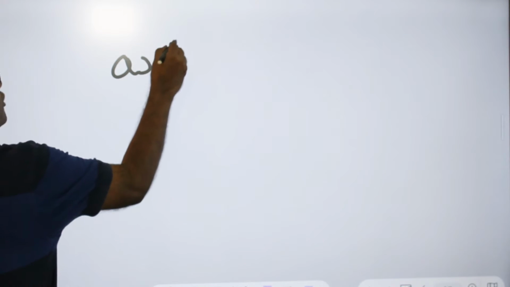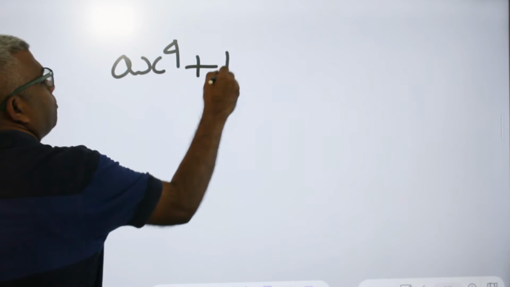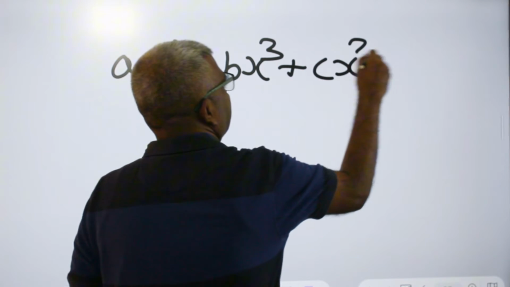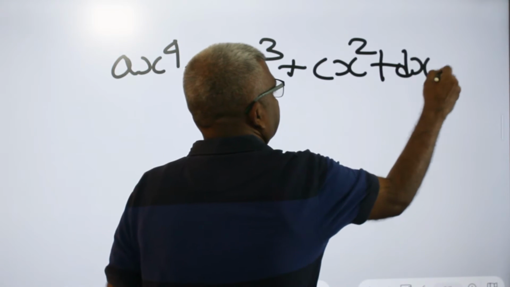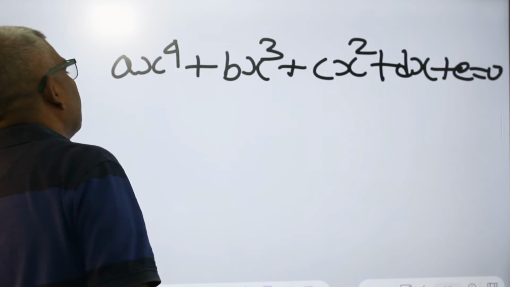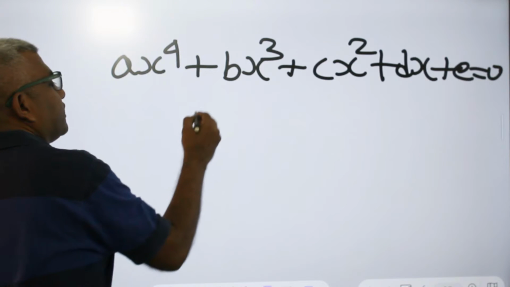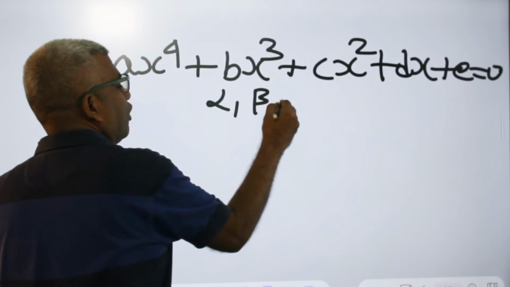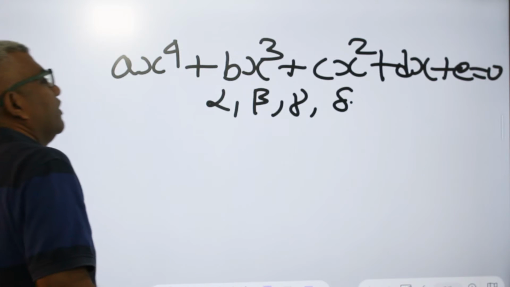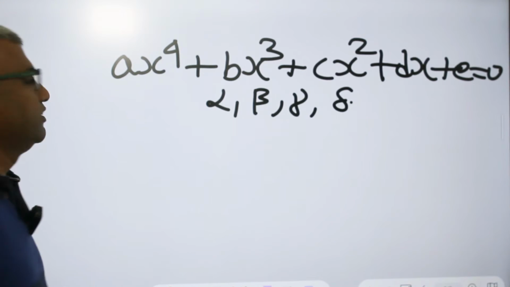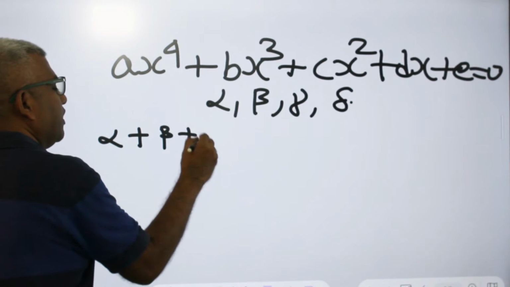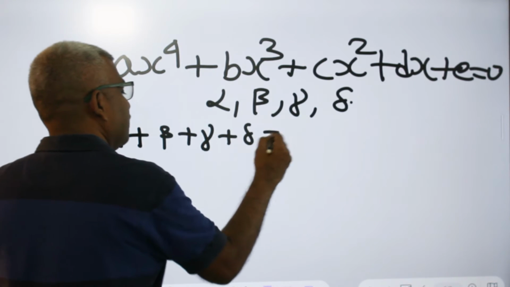Tell me: ax power 4 plus bx cube plus cx squared plus dx plus e equal to 0. Okay, here what are the roots? Alpha, beta, gamma and delta. Okay, the sum will be alpha plus beta plus gamma plus delta.